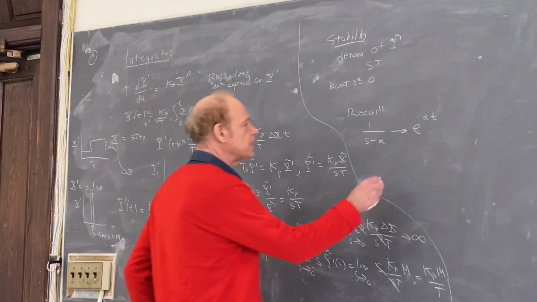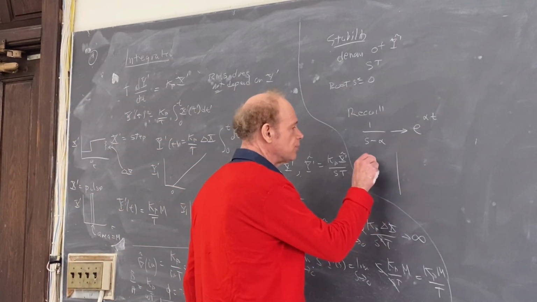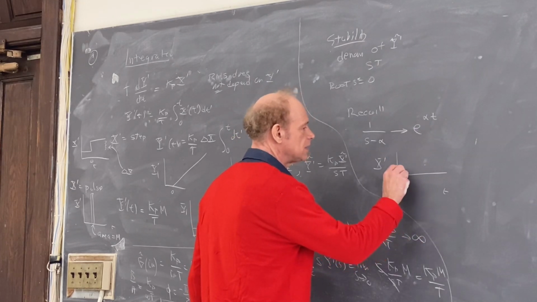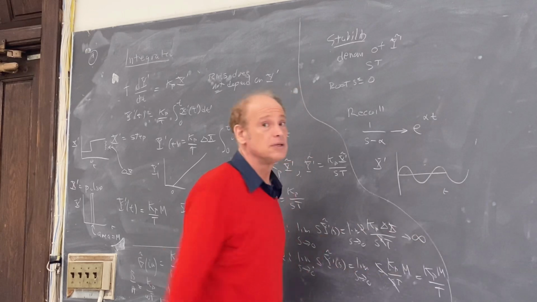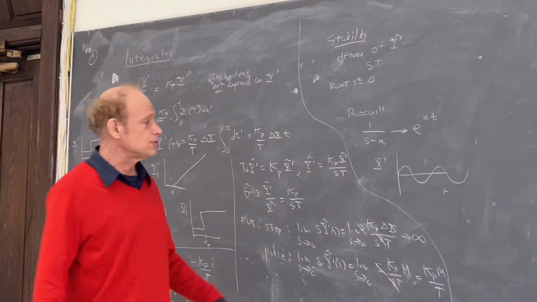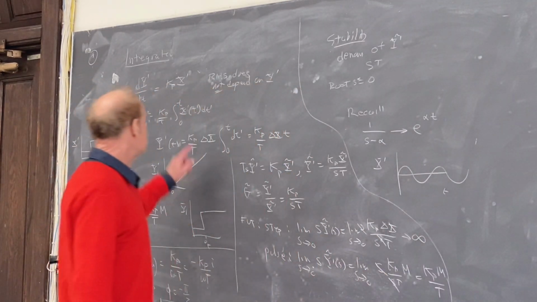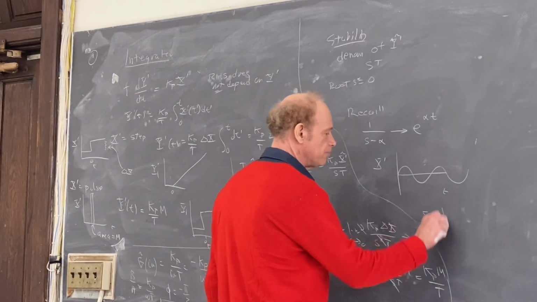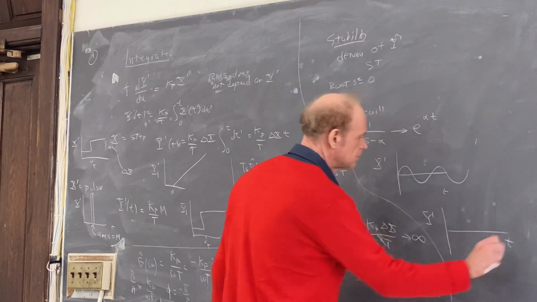And let's notice what we expect to happen. If my input, x prime versus t, is a sine function, I have to integrate this thing. The integrator, y prime versus t.